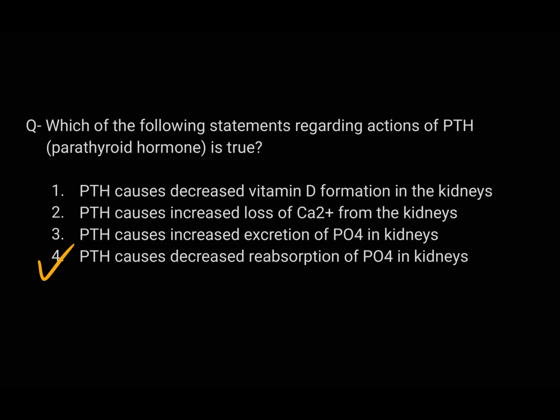Although, if PTH hormone prevents phosphate reabsorption, it still ultimately leads to phosphate excretion in urine. But the actual mechanism is that it prevents phosphate reabsorption, and that is why option D is the answer here. So you can see how MCQs are an interplay of words.